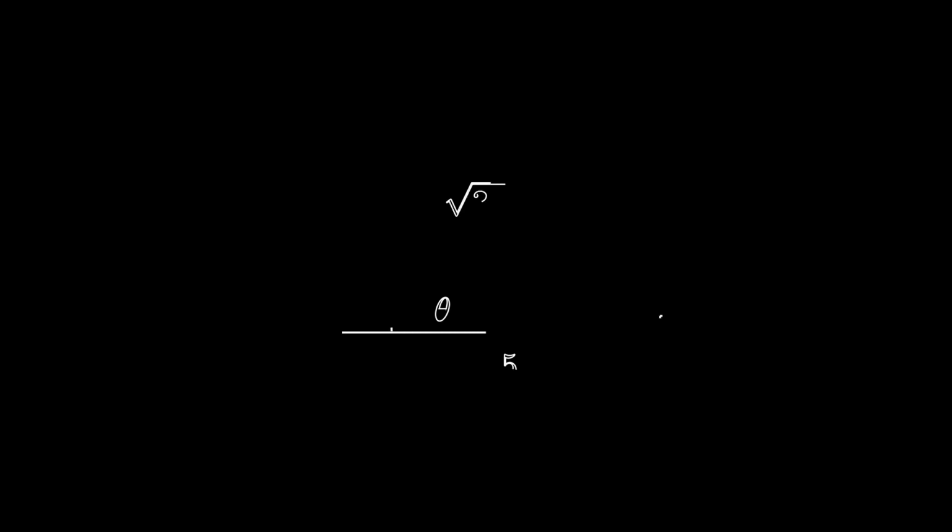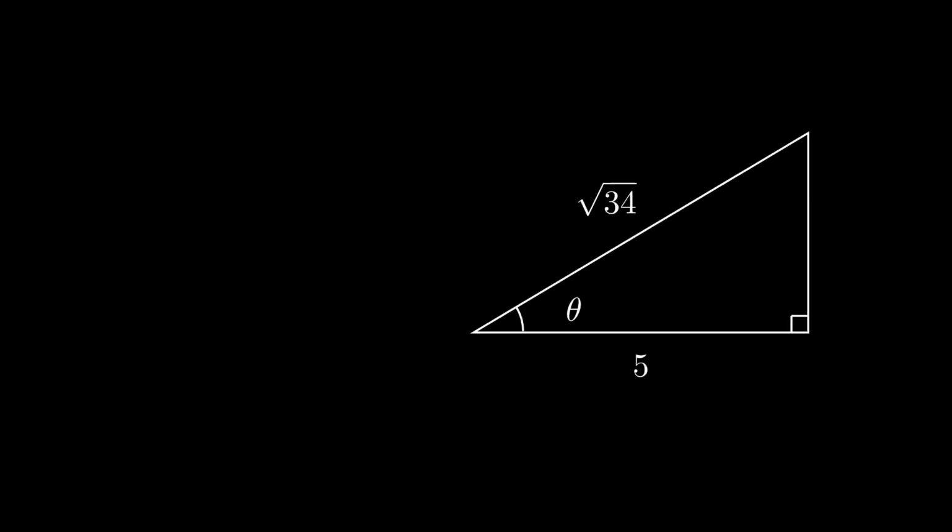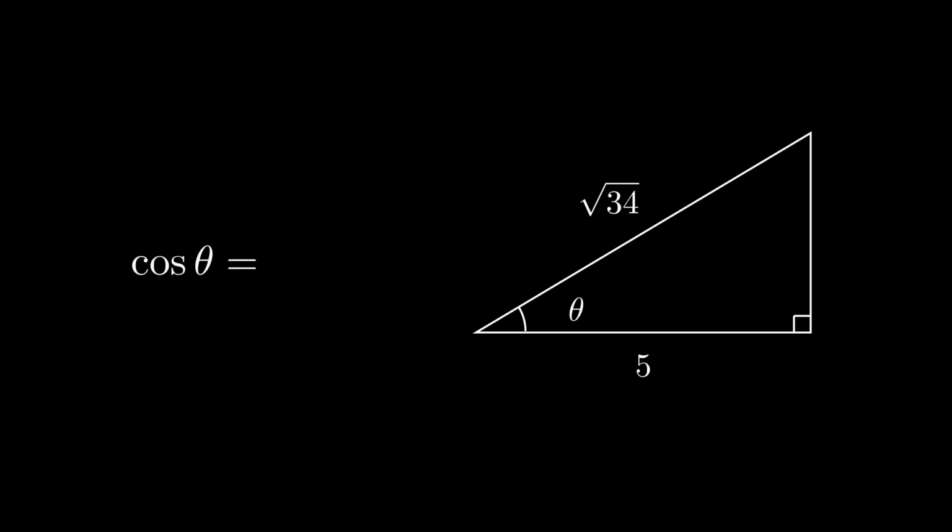Now, what if we switch things around a little and make the angle the unknown variable? Just like the previous example, we must determine which trig function to use. In this case, sine and tangent would not work as they would both introduce a new variable. And cosine would work because it involves both of the known sides. Using SOH CAH TOA, cosine theta here is equal to 5 over root 34.